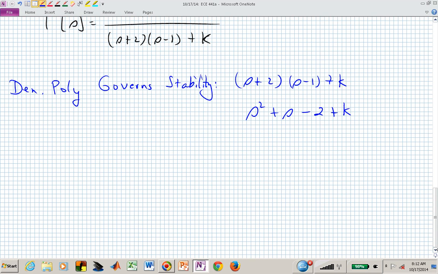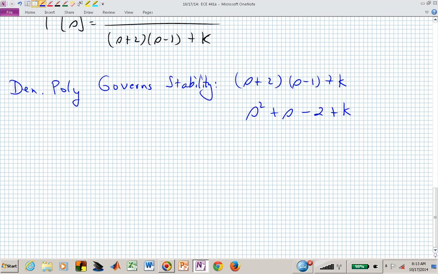Did anyone just pick a K and say, let me pick a K and see if it stabilizes the system? That's one approach, right? You could just start saying, let me iterate, let me try to find some Ks that might make this stable. If you picked a K bigger than 2, you're going to be in good shape. That's actually the range. K needs to be bigger than 2 to stabilize this.